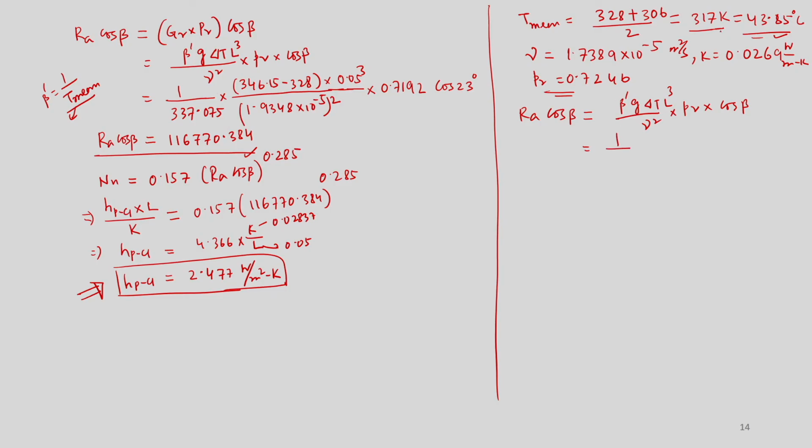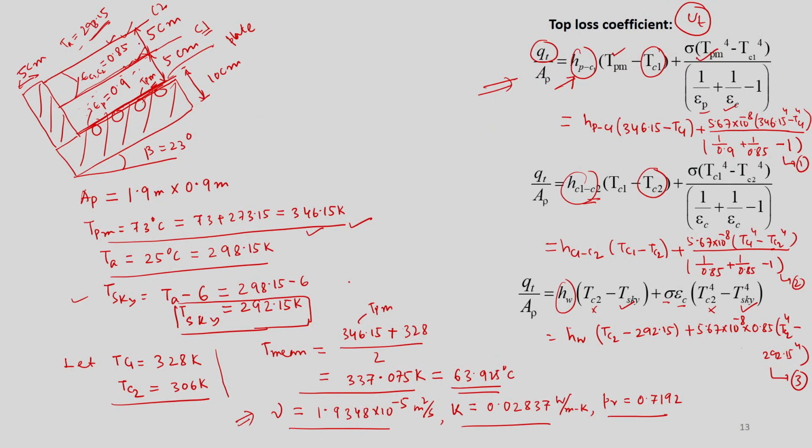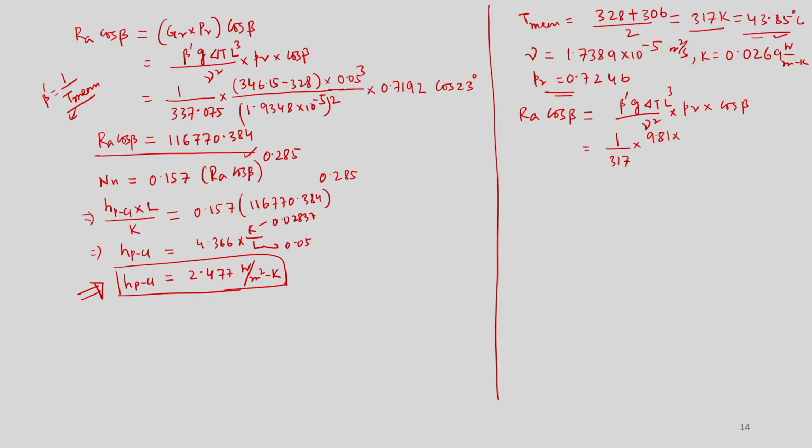So, 1 by T min is 317, all should be in Kelvin, multiplied by 9.81, and delta T is now between the two glass covers. So, delta T is in between these two: 328 minus 306.